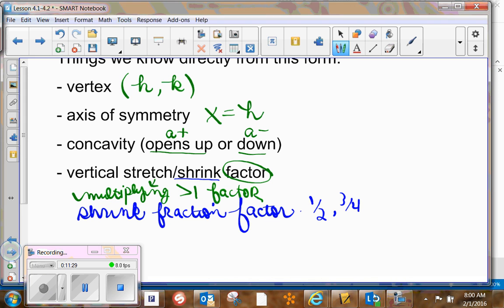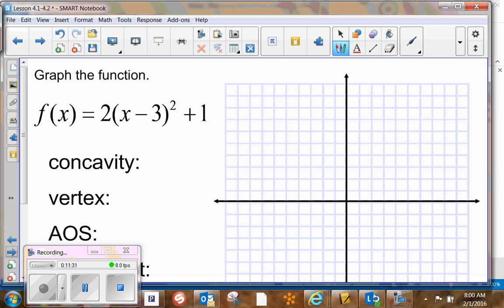All right, so let's do one of those. Open your flap, and you should have a place where you can write the problem up top, the different pieces to it, and then we'll do the graph in the middle below it. So you'll have a nice graph. Again, this is vertex form, and our equation is f of x equals 2 parentheses x minus 3 squared plus 1.